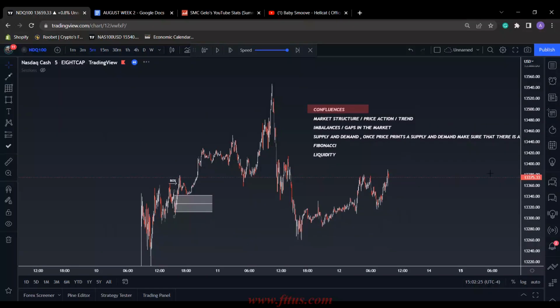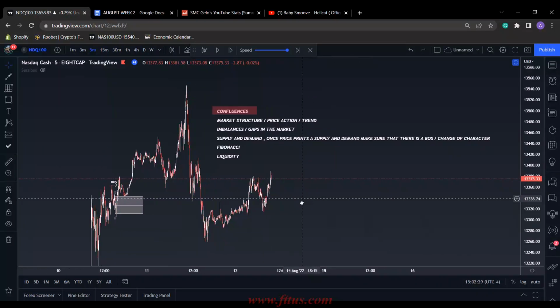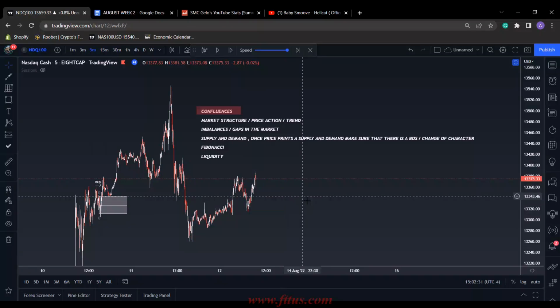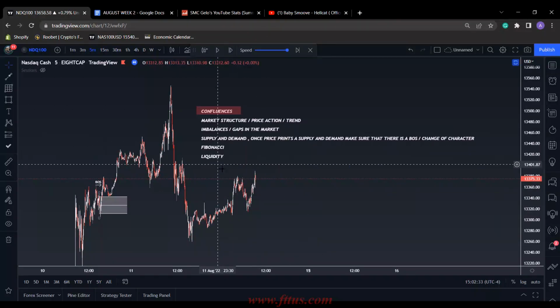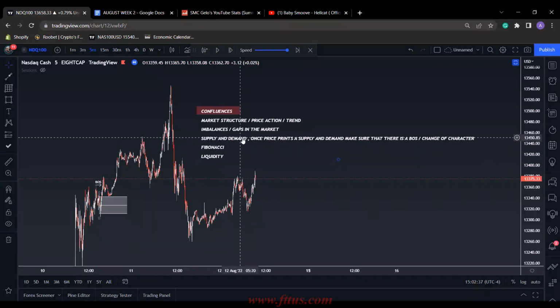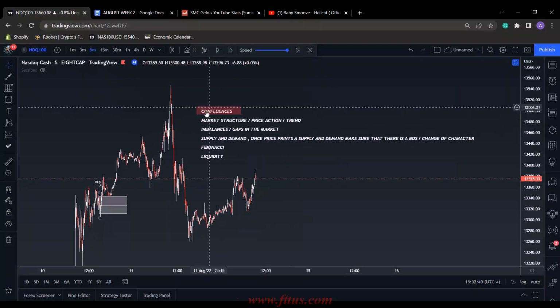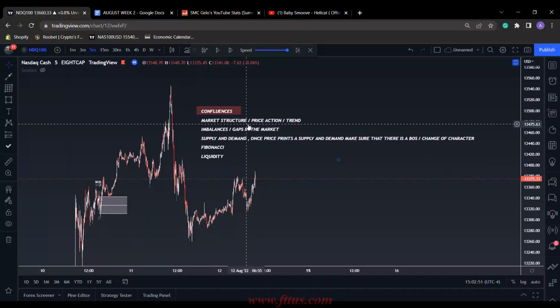Confluences, here you go. Once again, screenshot it, write it down, implement them into your strategy. Liquidity, fib 79, 88.6, supply and demand with a break of structure or a change of character if you're trying to catch a reversal. Imbalances, price has come back to these gaps to continue trading in the direction that the banks want to go in, collect more orders, and of course, most importantly, market structure, price action, and trend.